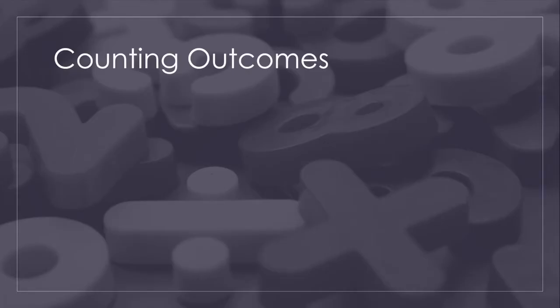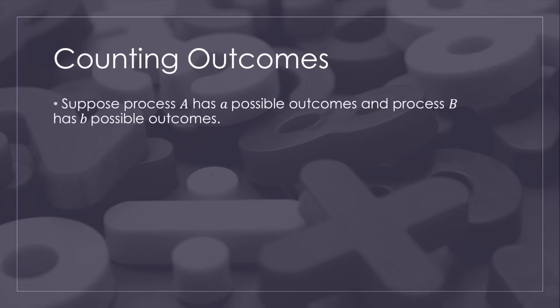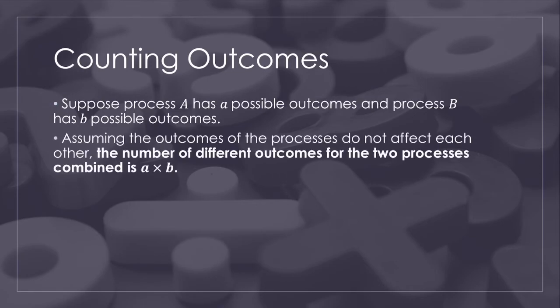Next, we need to talk about counting outcomes. Suppose A has a possible outcomes and B has b possible outcomes.